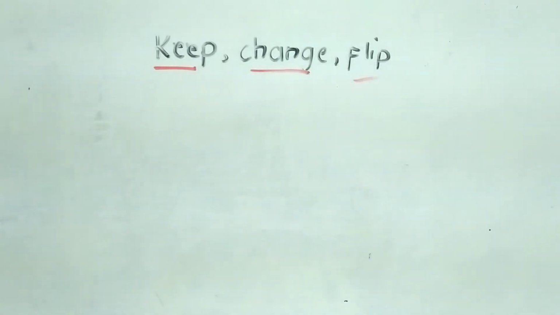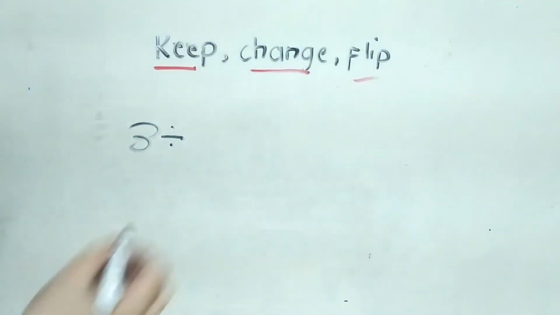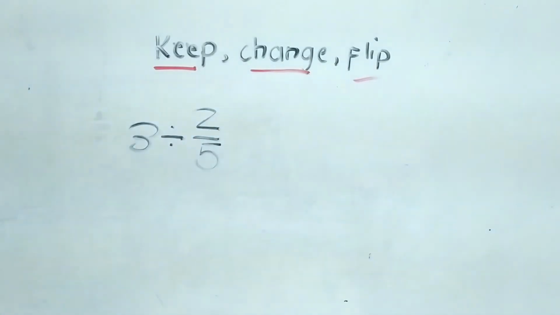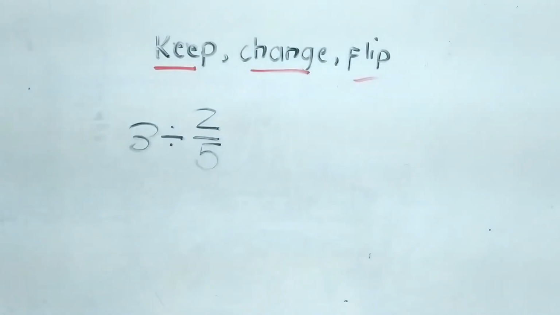Now, paano naman kapag whole numbers at fraction ang ating i-divide? For example, 3 divided by 2/5. So, since ang 3 hindi pa siya fraction, katulad ng ginawa natin sa multiplication, kung natatandaan ulit, gagawin nating fraction ang 3.